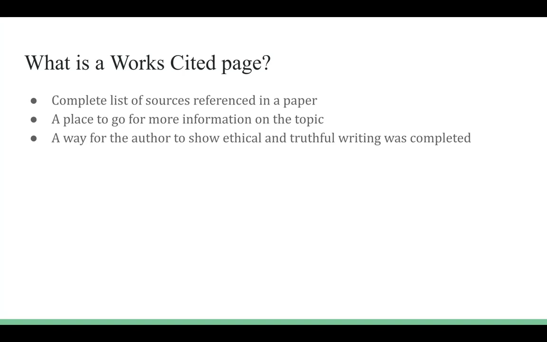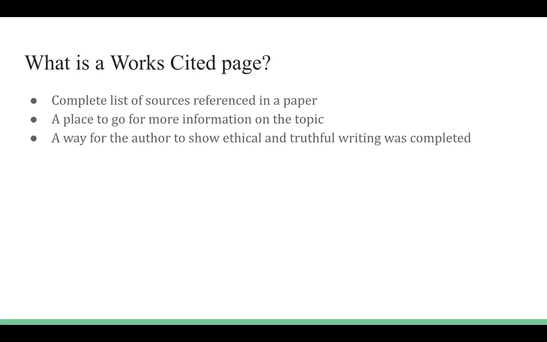So first and foremost, what is a works cited page? It is the last page of a research paper. It has its own page. You would not simply start it as soon as you're done writing the rest of the paper. The works cited page is something that gives your readers your list of sources that you used when you were researching to write about the topic that you chose.